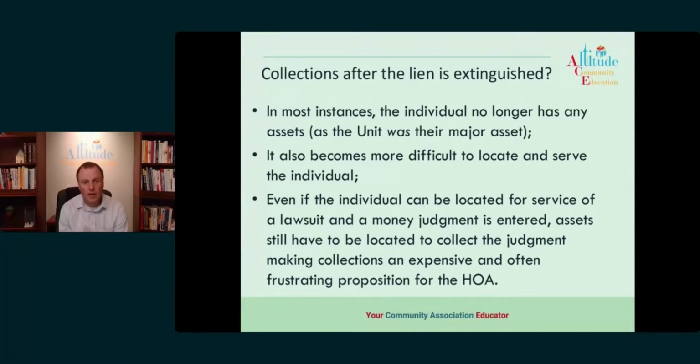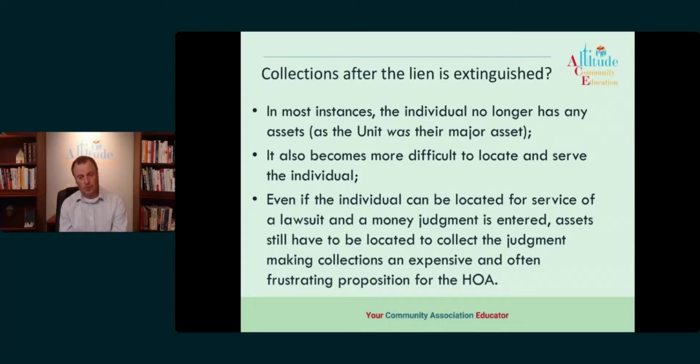There we go. Even if the individual can be located for service of the lawsuit and a money judgment is entered, we still have to then find assets. So even if we find them, get them served, and get a judgment, say for 20 grand, 10 grand, whatever it is, we still have to be able to collect that judgment. The only way we're going to be able to collect is through a bank garnishment or a wage garnishment.